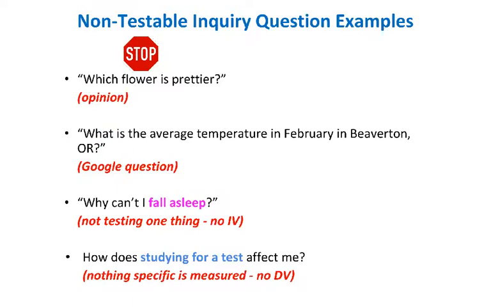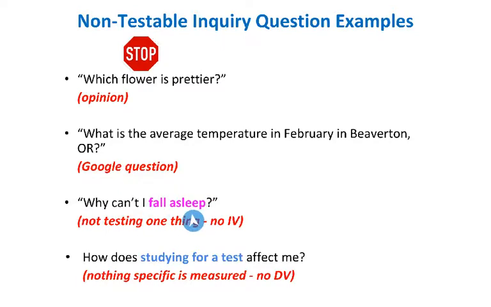In February, you just take the temperature every day and you calculate the average, right? You don't need to have multiple groups where you're purposely changing something between your groups. So this is not a question that would require a true experiment, okay? This is an observation you would make and then post, and easily find on Google, okay?